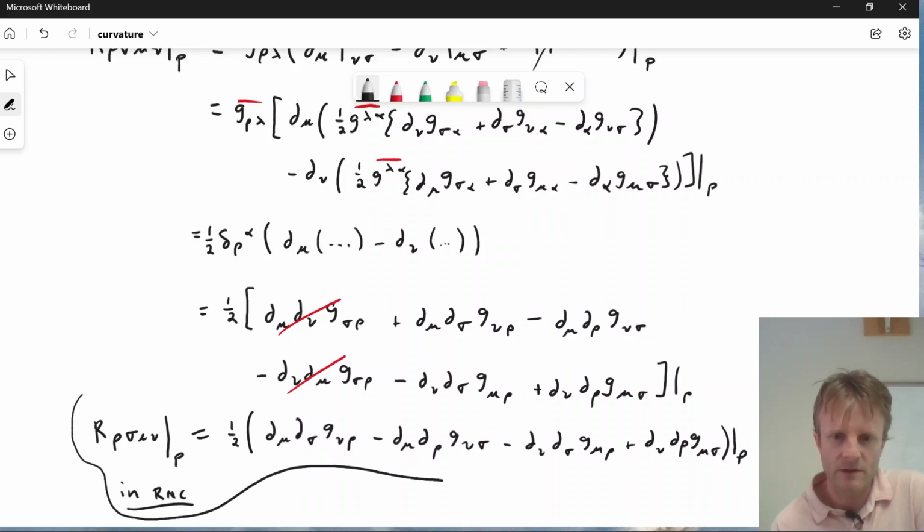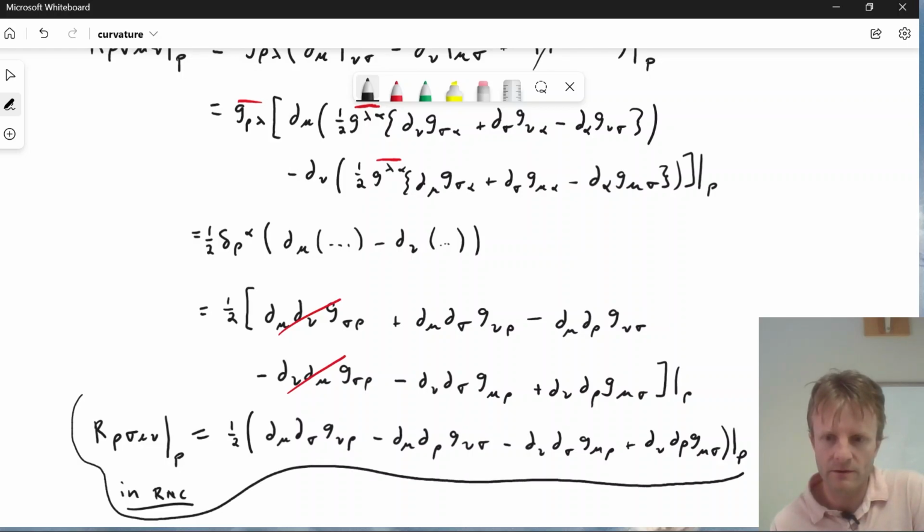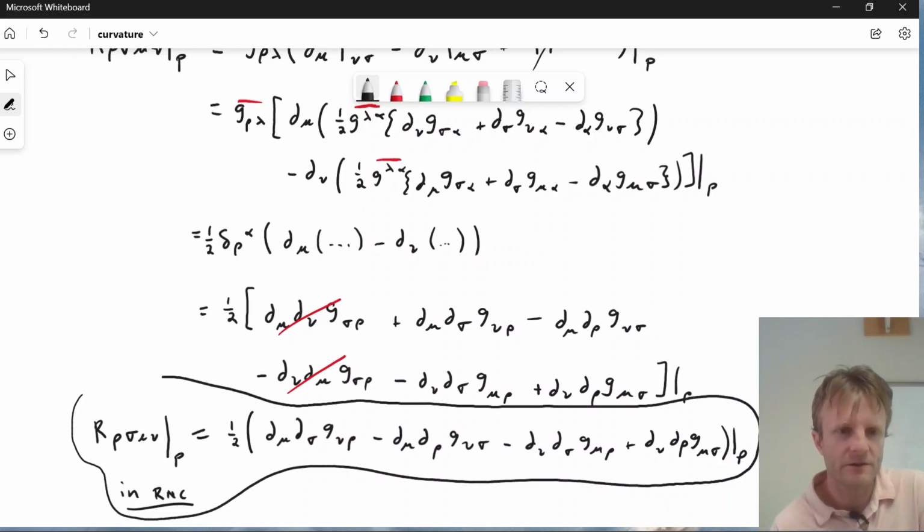Now, like I said, you're not really going to construct this coordinate system in practice, but it's very useful for theoretical arguments such as this one.